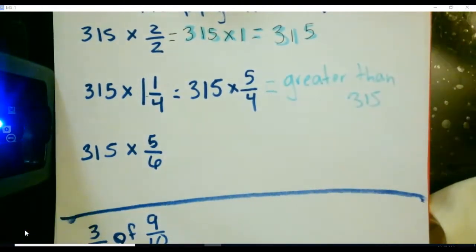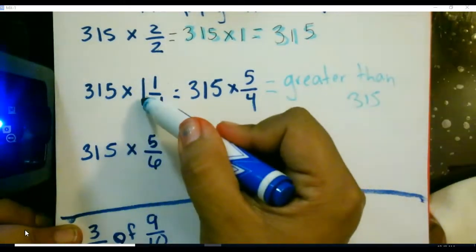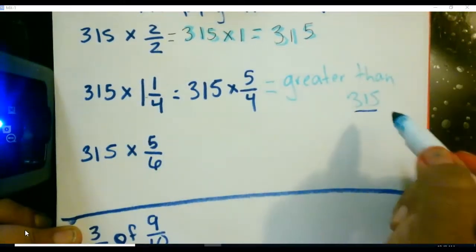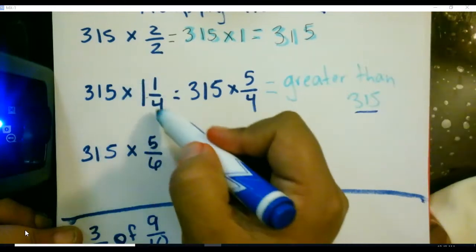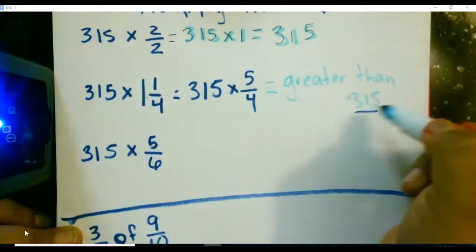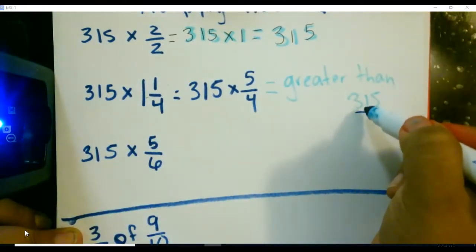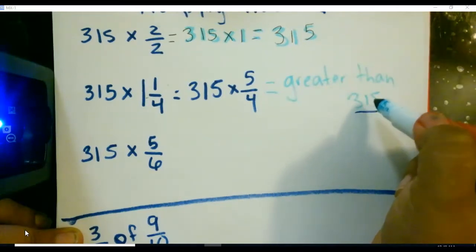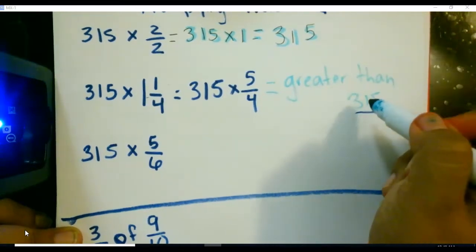Why? How do I know that? Well, think about it. 1 times 315 is going to give me 315, plus the 1/4 times 315. You're going to add it to that. So your answer, your product, will be bigger than 315.